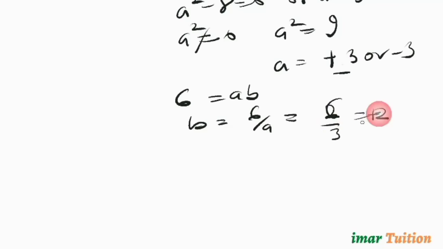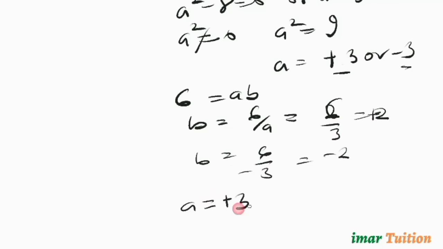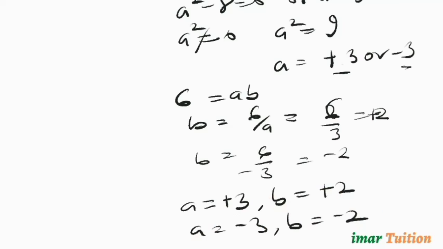If you substitute a equal to minus 3, you have b equal to 6 over minus 3, that gives you minus 2. So a is equal to plus 3, b is equal to plus 2. Or a is equal to minus 3, b is equal to minus 2.